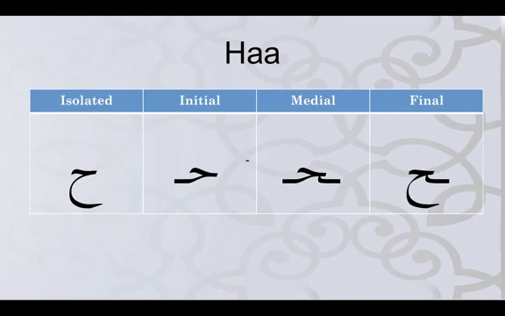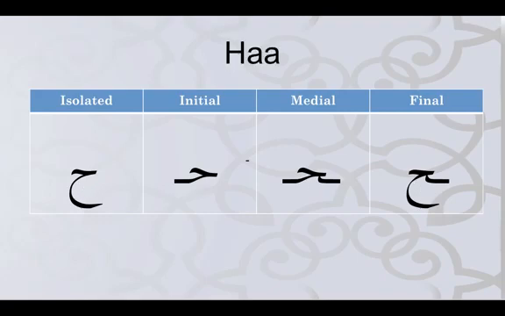Okay, next is the letter Ha. The Jim and the Ha are almost identical, so I'll switch between the two. Jim, Ha. If you remember, Jim has a dot below it, whereas a Ha does not. So just remember, when it's Jim, it has a dot on it. When it's a Ha, it does not.